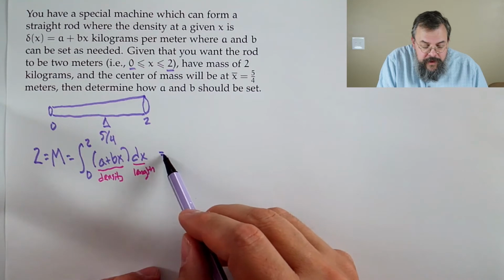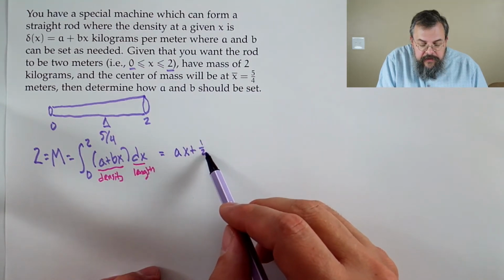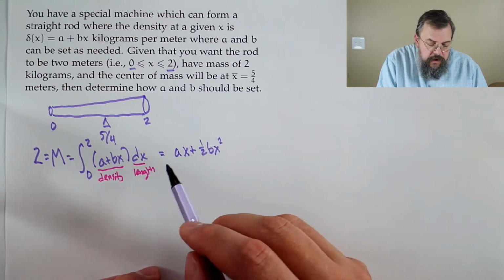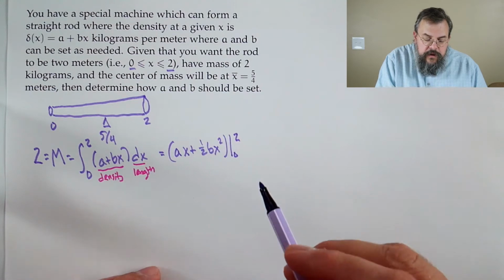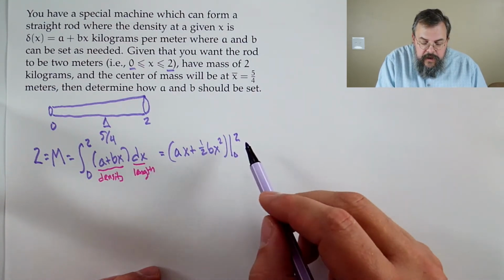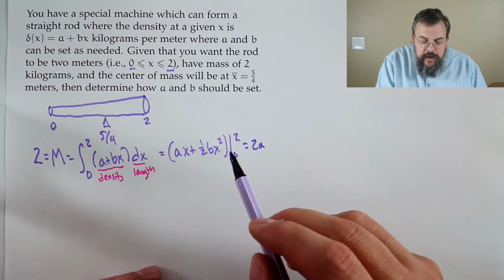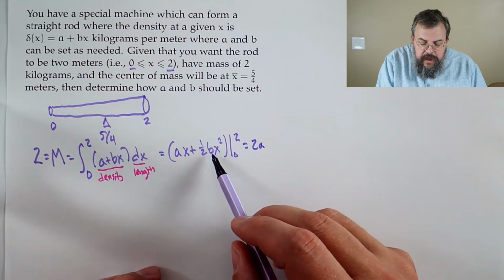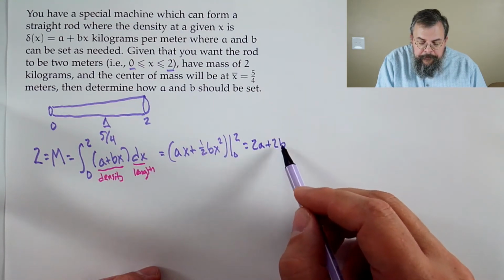So here we go. We're going to get ax plus 1/2 bx squared, and then evaluate from 0 to 2. Plug in 0, you get 0. Plug in 2, we get 2 times a, and then 1/2 times b times 4, so that's 2 times b.